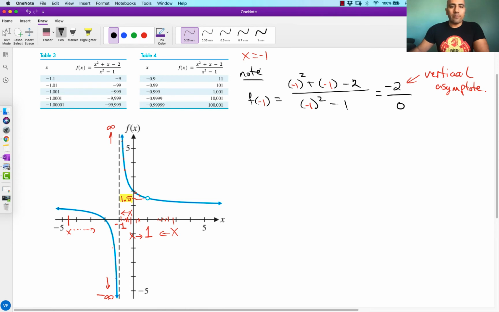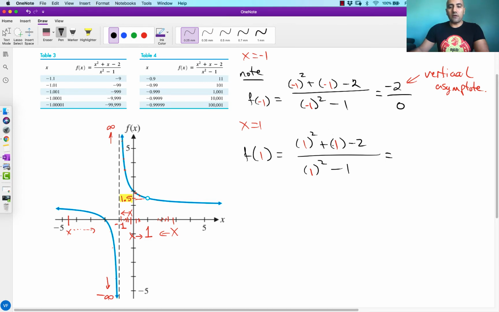Note that when we plug in +1, we have f of blank equals blank squared plus blank minus 2 divided by blank squared minus 1, and we let x equal +1. We put a 1 in each place. We end up with 1 squared plus 1 minus 2.